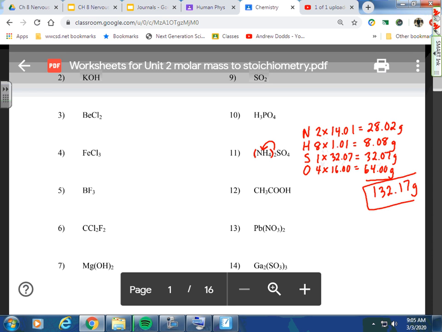That is the mass of 1 mole. That is the mass of 6.02 times 10 to the 23rd molecules of (NH4)2SO4.